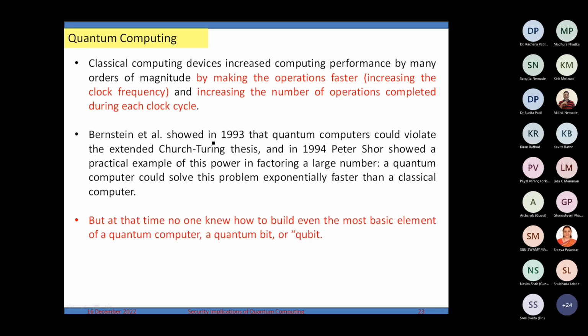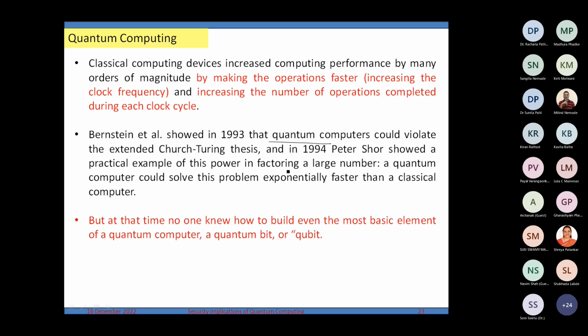But in 1993, it was shown that quantum computers can be built by violating the Turing proposal. Subsequently in 1994, Peter Shor came out with a quantum algorithm, but by then we did not have a physical quantum computer.